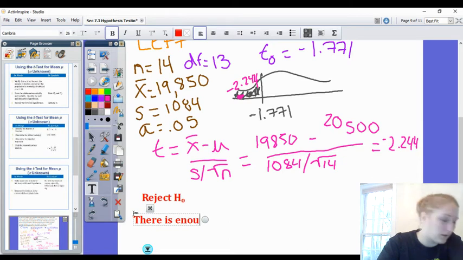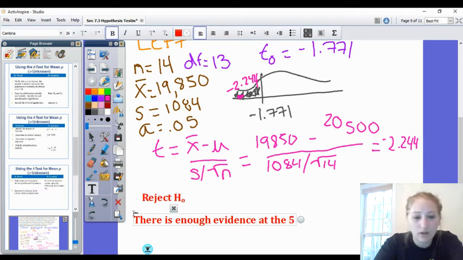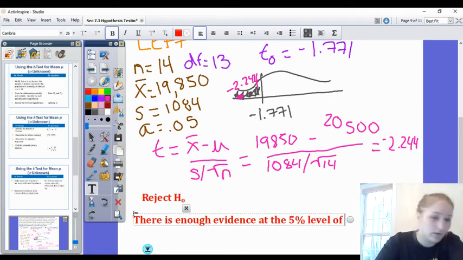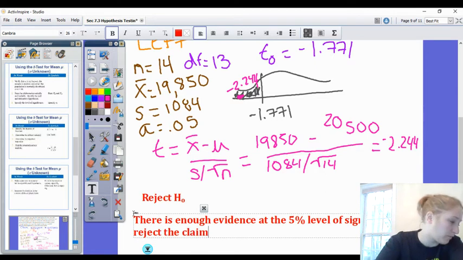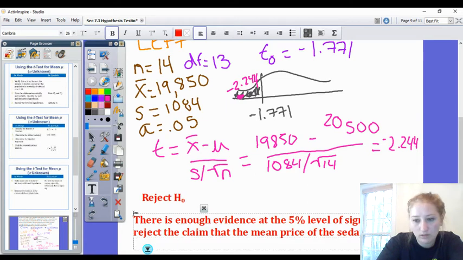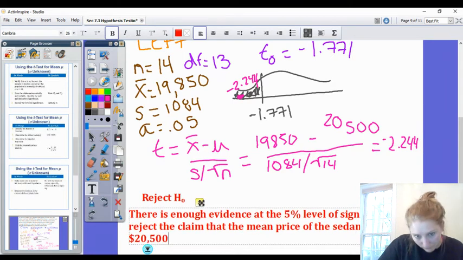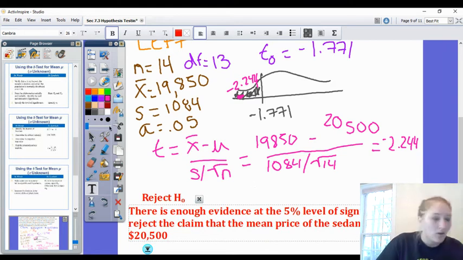There is enough evidence at the 5% level of significance to reject the claim that the mean price of the sedan is at least $20,500. Okay, let's do another one.